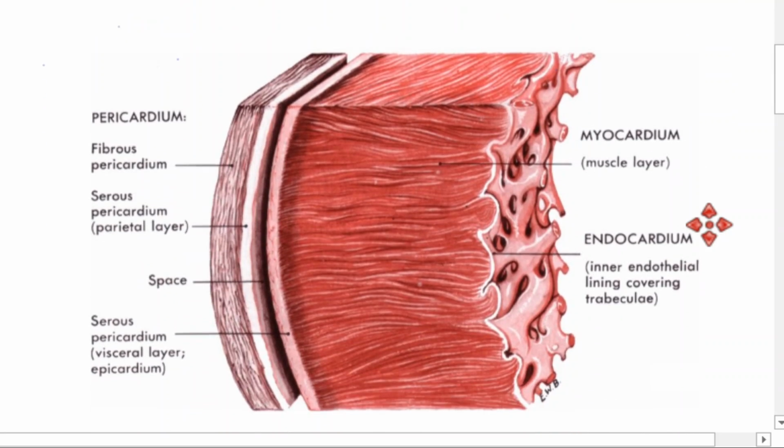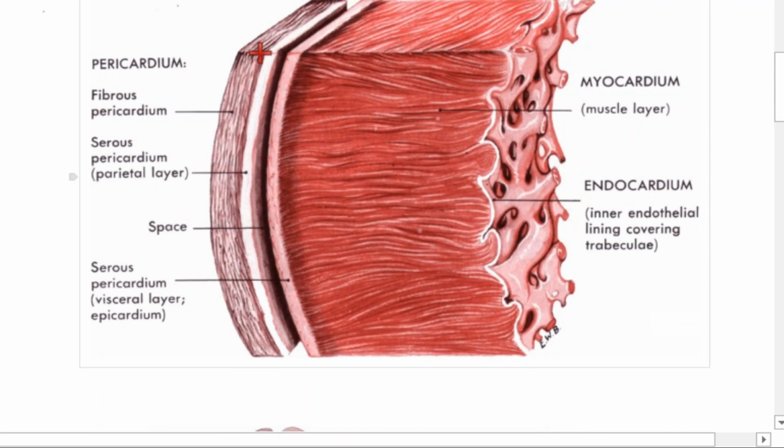Where is it? Here we go. Now this is the wall of the heart. And this is the double membrane that I am talking about, where the heart is enclosed in. So this is the fibrous layer. See this? This is the fibrous layer. These two comprise the serous layer. The serous membrane is split into two, where you have the parietal layer.